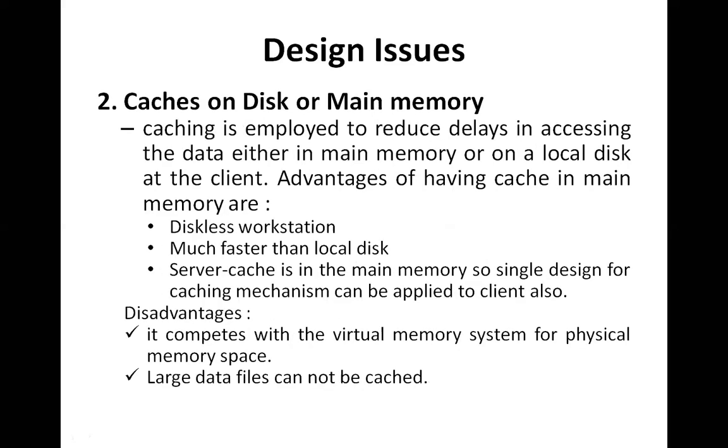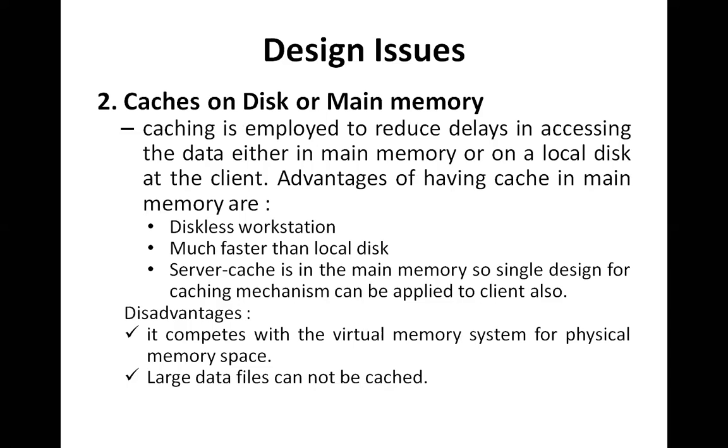The second design issue with the distributed file system is the cache. Caching is very commonly employed in distributed systems just to reduce the delay while accessing data from the server.